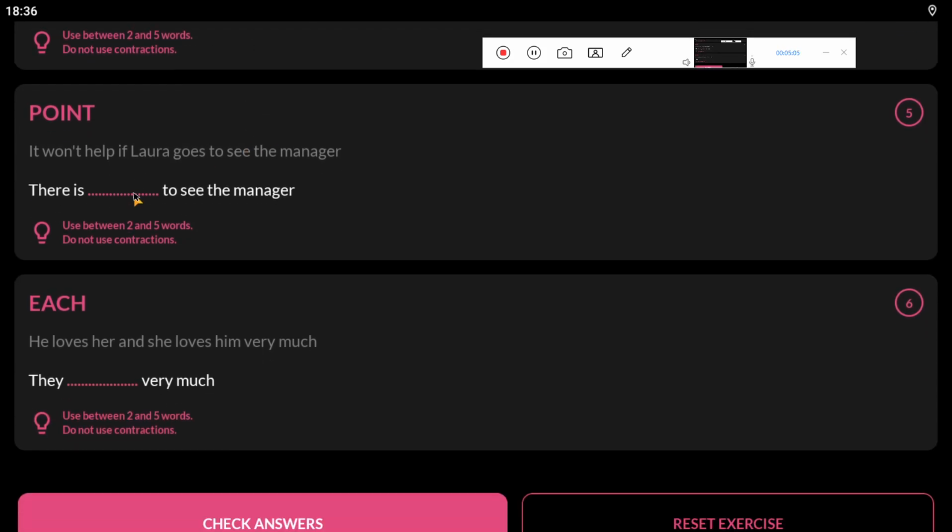Next, we have this one. Automatically I see "point" and in my mind I know what it is. It won't help if Laura goes to see the manager. We have to use "point" to see the manager. Do you remember what was the phrase that means it is useless?